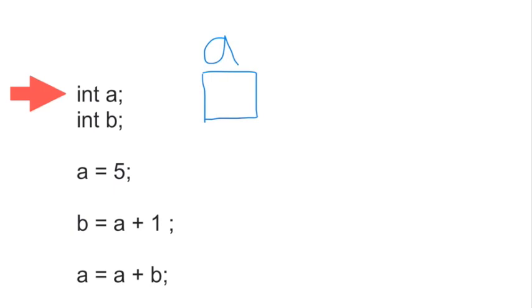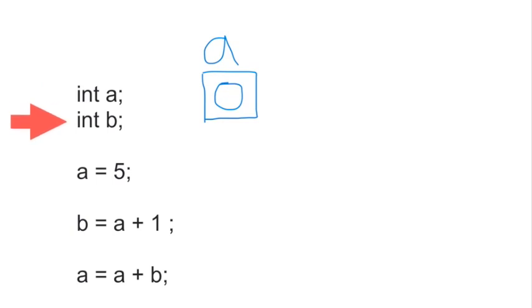This represents the fact that when we execute this line in the Java program, the computer sets aside a place in memory to hold the value of an integer. Initially, it places the value 0 into that location. So we will write a 0 in there. Now we can go on to the second line in the program.